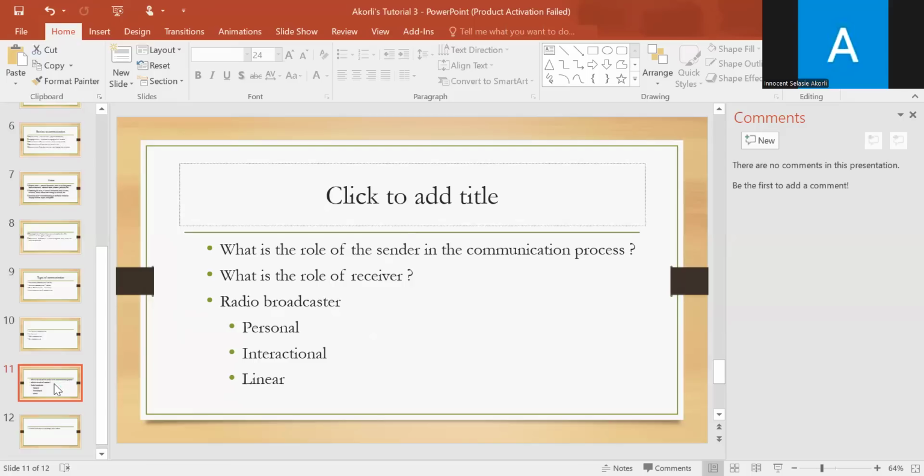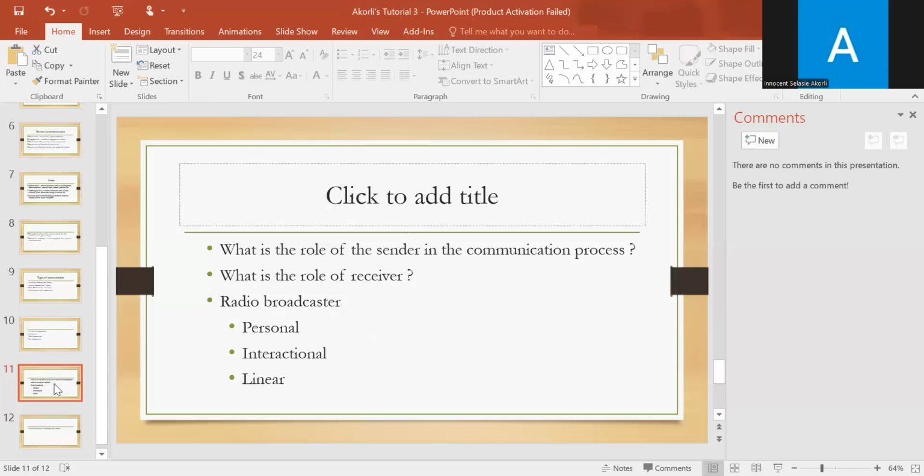Is it the one who encodes? Is it the one who decodes? Is it the one who gives feedback? Options will be there. Then you select the correct thing.